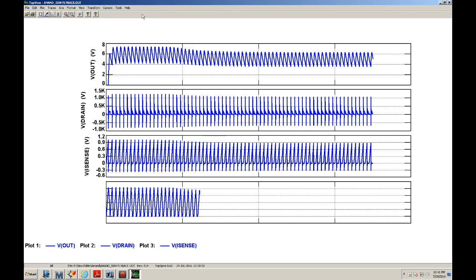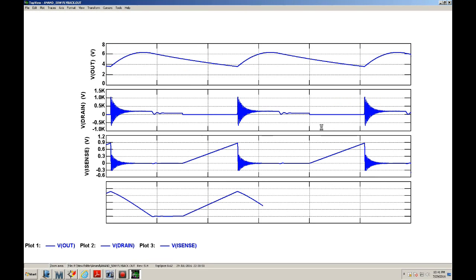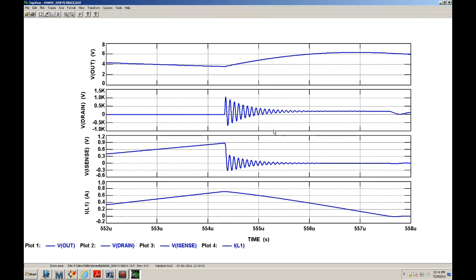Okay, and if you notice, let's see what we got. So this is the drain voltage. Okay, and before I measure the voltage, let me calculate it.